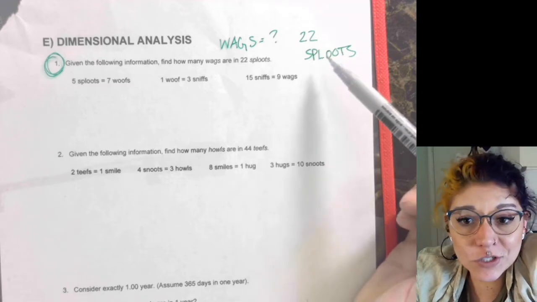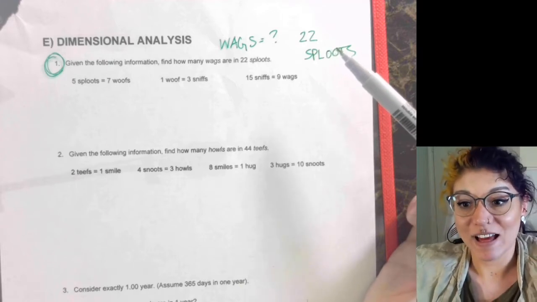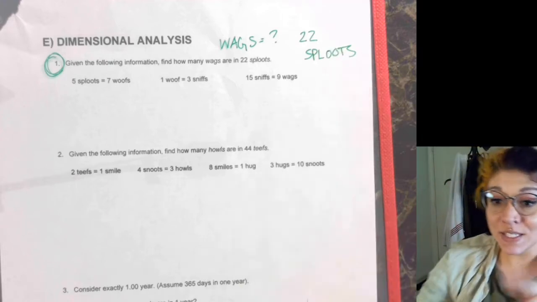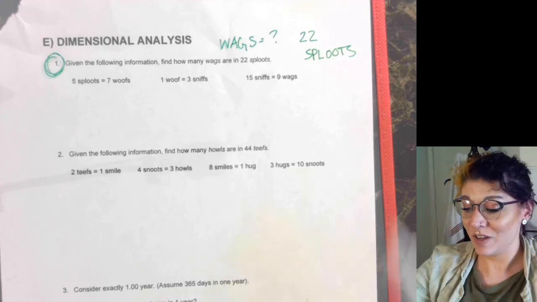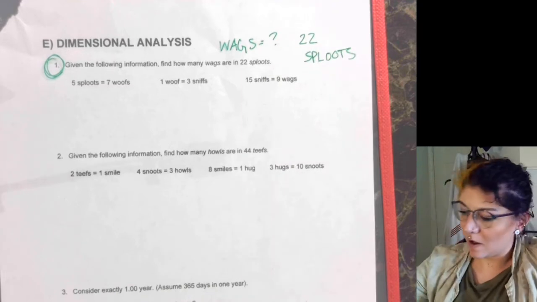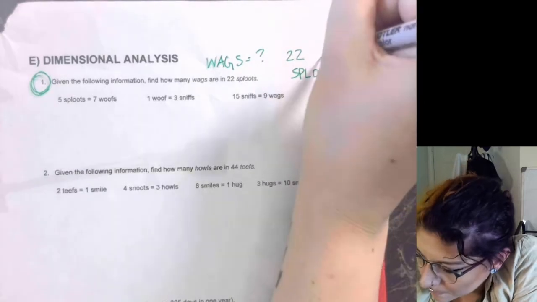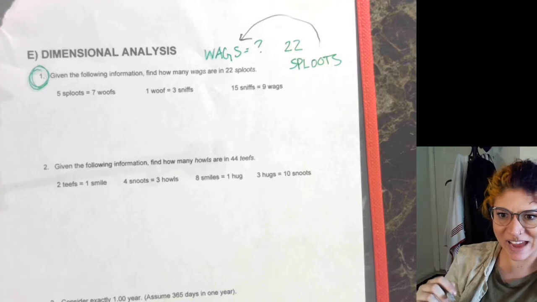So this is the starting point, like starting point A. And we're going to have to systematically cancel out these units so that we find how many of these sploots go into these wags, or how many wags go into these sploots.